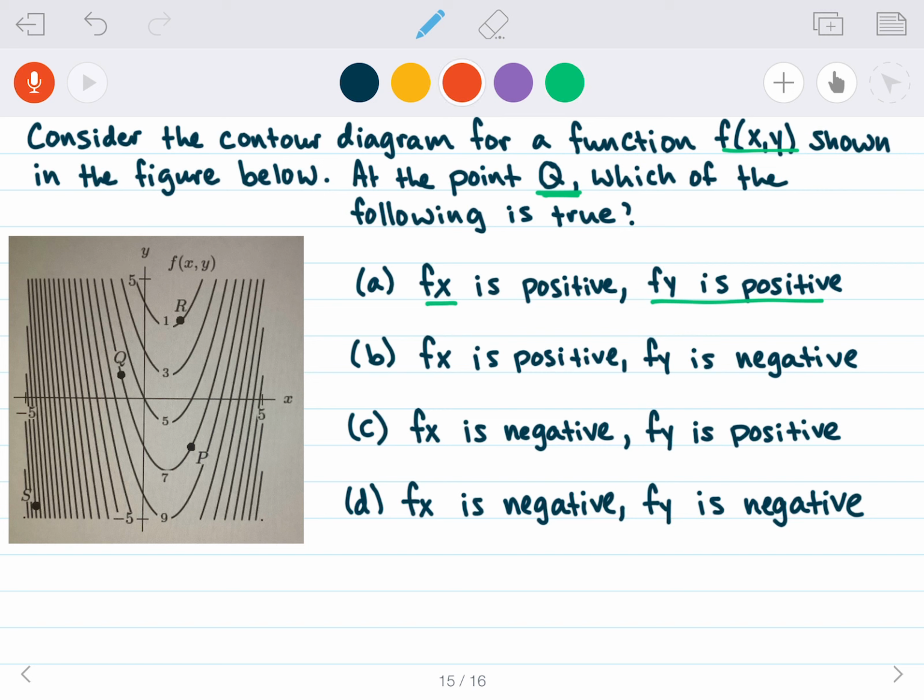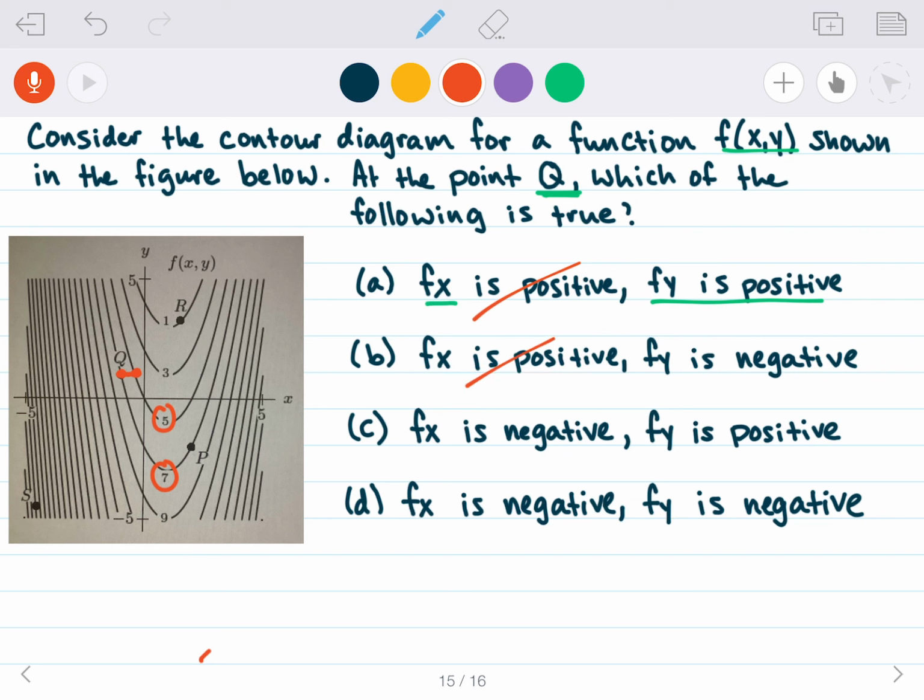Well, all we're doing is looking at what's happening around Q. So as x increases, we go to this rung, and that is a decrease in z, right, because we went from z equals 7 to z equals 5. So this is not true. This is already negative right off the bat. We don't even have to verify if f y is positive. So that's not true.